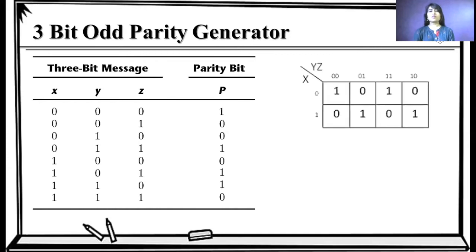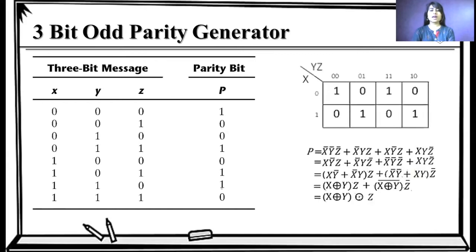Now we have a K-map here and a logical expression. This logical expression can be deduced into this form. According to this, P is equal to x dash y dash z dash plus x dash y z plus x y dash z plus x y z dash.